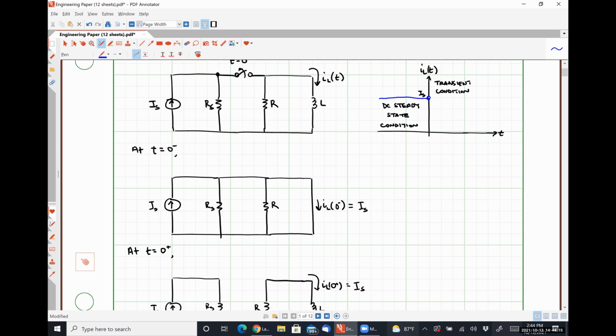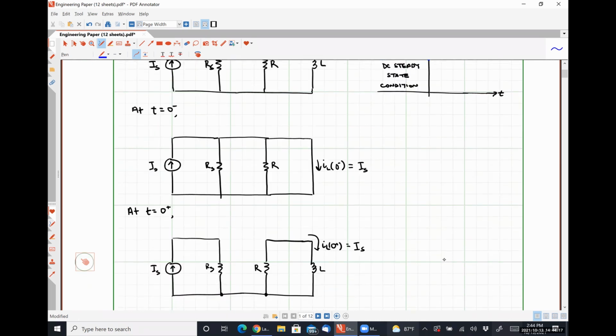But something very important is happening here, okay? When that switch opened up, that current source, IS, is no longer influencing the behavior of the inductor, right? We know that there's some energy stored in the inductor because there was current flowing through it. And at this exact instant in time, there is current flowing through it. So there must be energy stored.